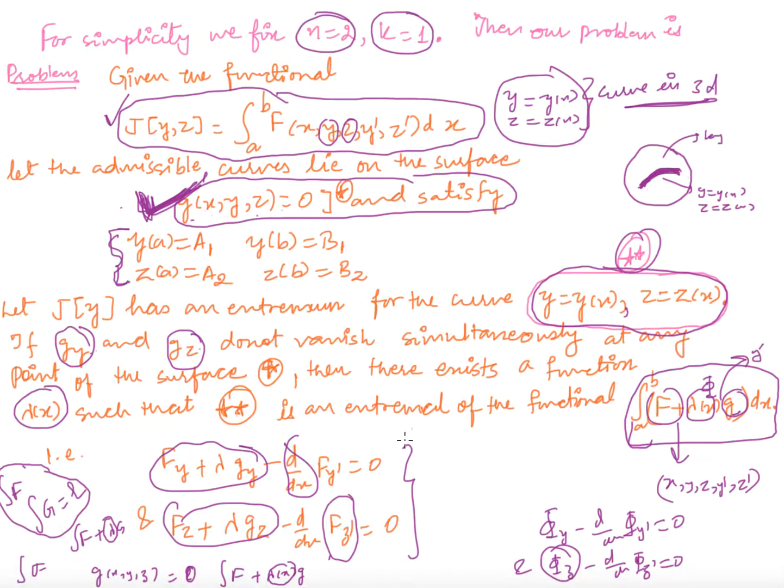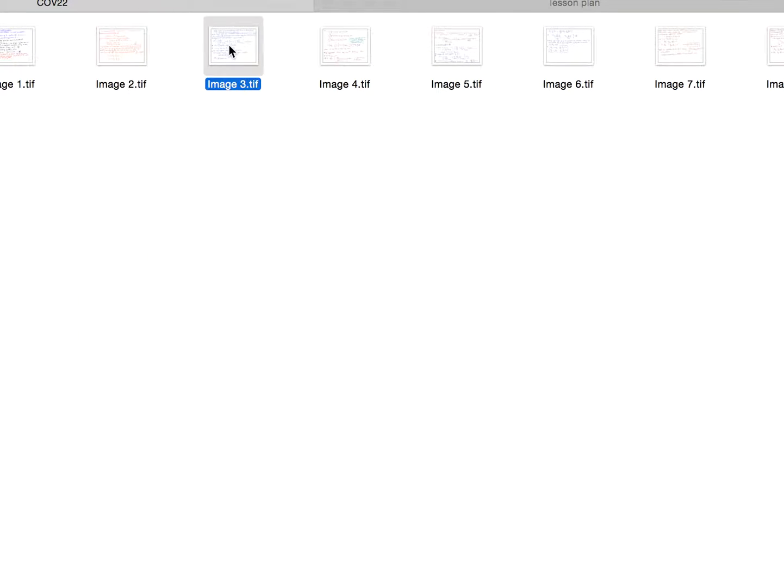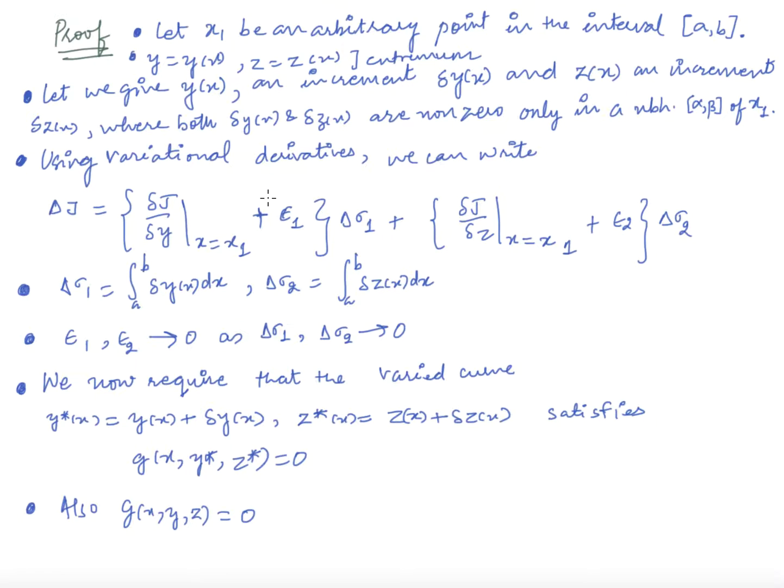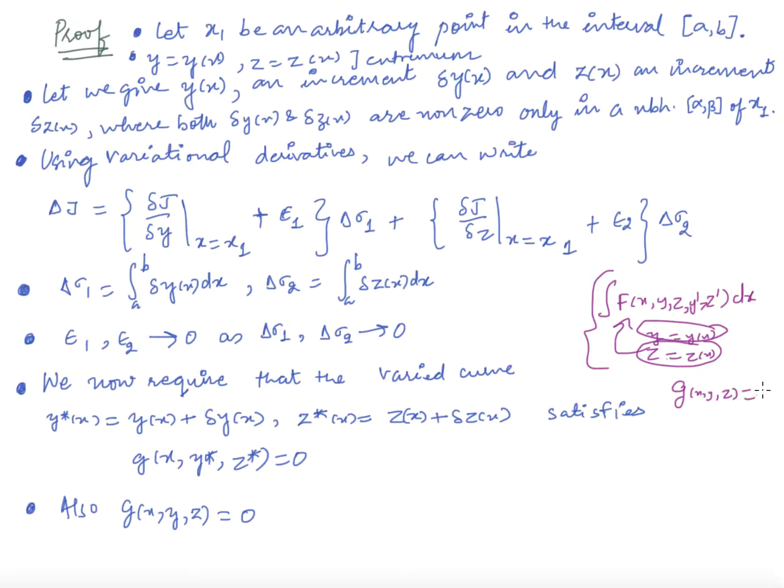So we have to prove this theorem. Let us prove this theorem. We are given this integral of f of x, y, z, y dash, z dash dx, and we are given that this curve, which is defined by y is equal to y of x, z is equal to z of x, is an extremal, which satisfies the boundary conditions as well as the algebraic condition g of x, y, z is equal to 0, right?